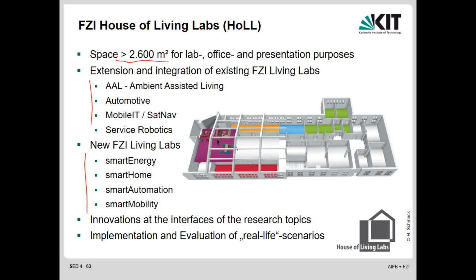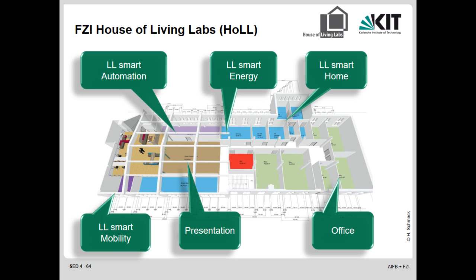And we did that here, like we extended that with respect to new living labs for energy, for home, automation and mobility. And I will show you a little bit about that, which relates to the energy scenario. So, as I said, we have these living labs on the first floor, or the top floor of that building.